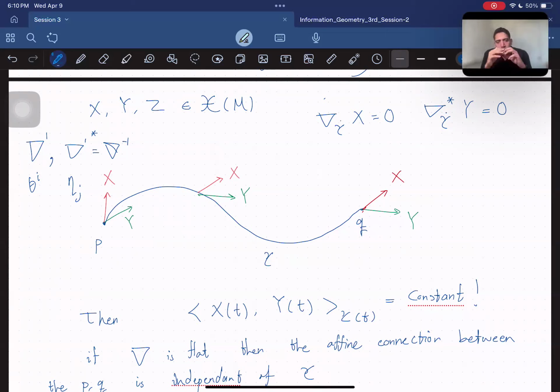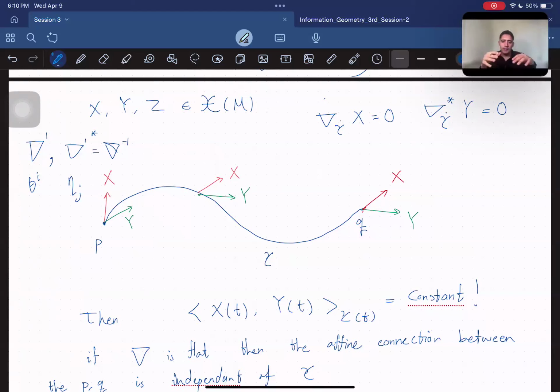So with this in mind, we are already talking about a special geometry on the space of all distributions.